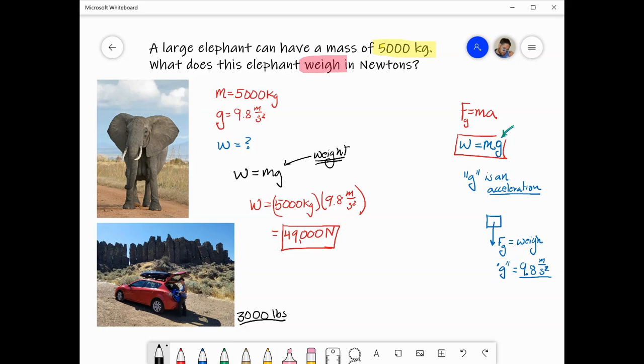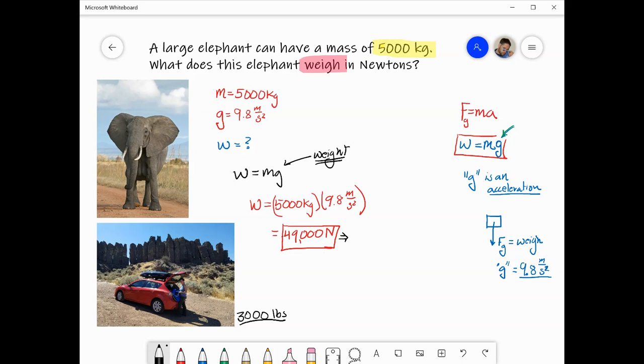And if this is the weight of my car, how many elephants are equal here? Maybe I should put it this way: how many cars could I add up to total up to one of these elephants? Is it more than one? Well, we need to do a little conversion here to figure this out. If you were to go on Google and convert 49,000 newtons into pounds, you can do that, or you could use our conversion factors, which work out just fine.